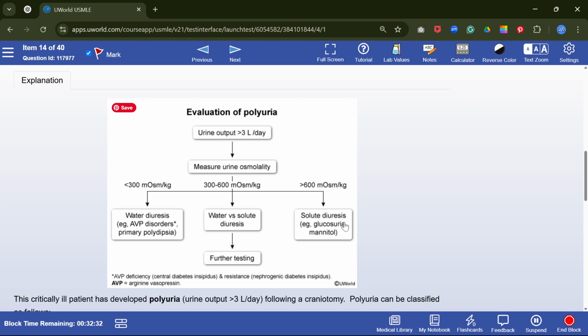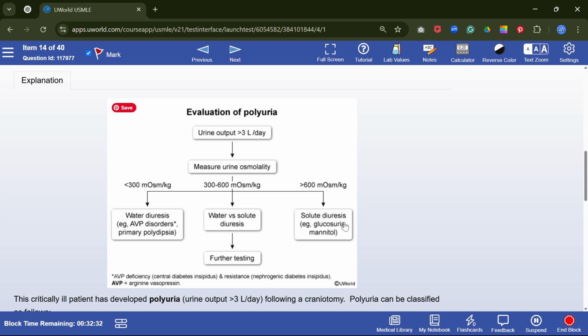Evaluation of polyuria: urine output more than 3 liters per day, and measure urine osmolarity. If urine osmolarity is less than 300 milliosmol, water diuresis: AVP disorder, primary polydipsia.